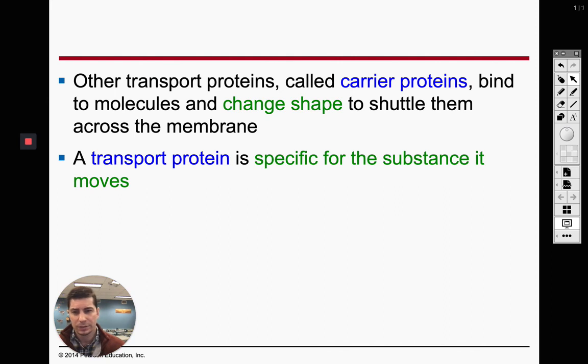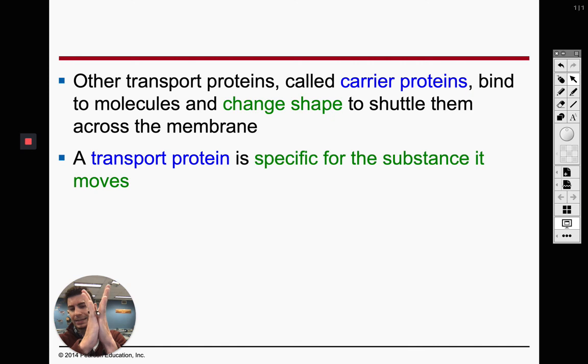Carrier proteins are a little different. It's still going to be letting ions and things through, but instead of the things going straight through like in the channel protein, something's going to be dropped in, so now it's caught in there, and then the protein is going to change its shape.